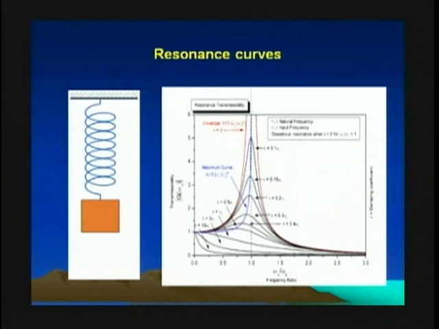On the horizontal axis, it's the ratio of the frequency of external excitation to the frequency of free vibrations.